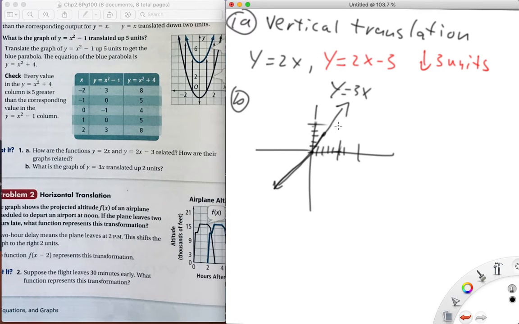If it's translated up 2 units, the other graph is going to be moved up. So it would be 0, 2, and then 1, 5, and it would look like that. They would be parallel lines, they wouldn't be touching. And that would be y equals 3x plus 2 if it was translated up. I'm just adding 2 to every single y component.